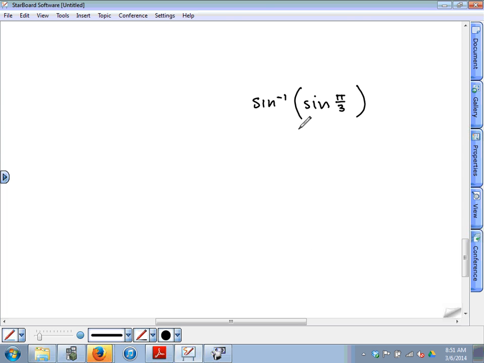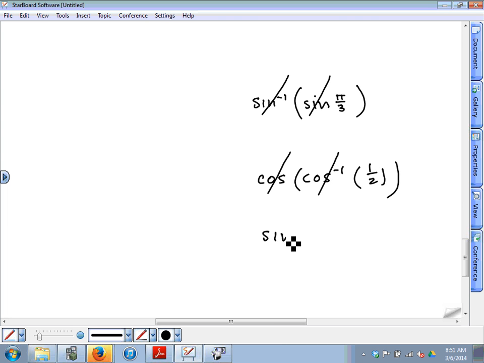How do we know it's pi over 3? Those cancel, right? What would you say if we did cosine of the inverse cosine of 1/2? What would that one be? That would be 1/2 because cosine and inverse cosine are opposites. Look carefully before you blurt out an answer.